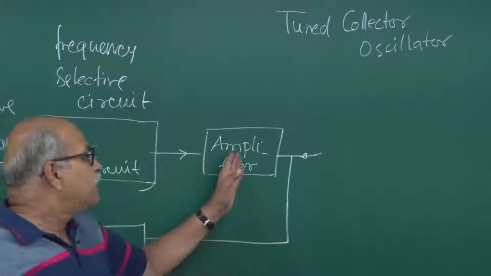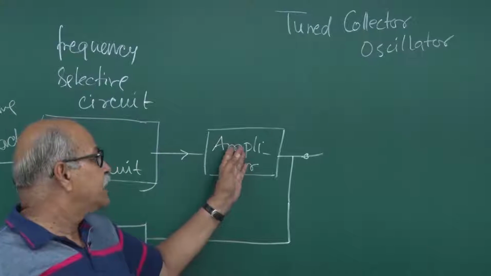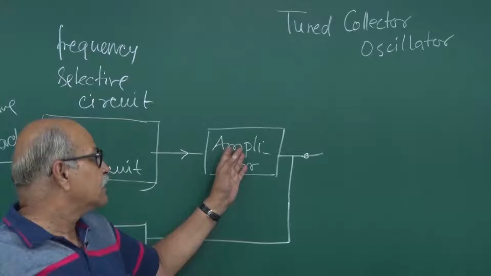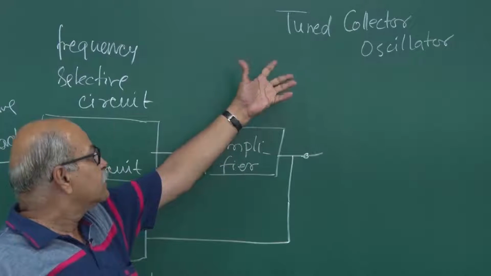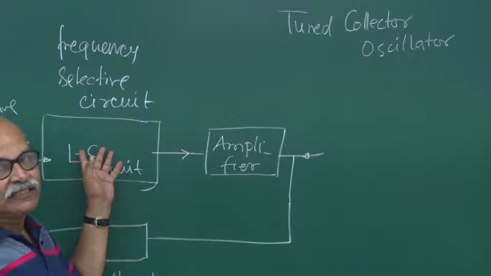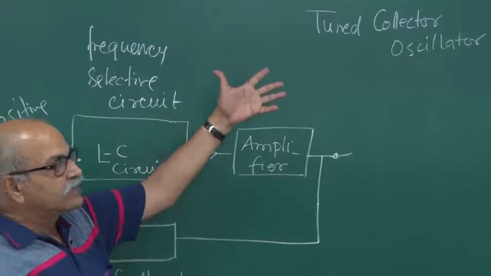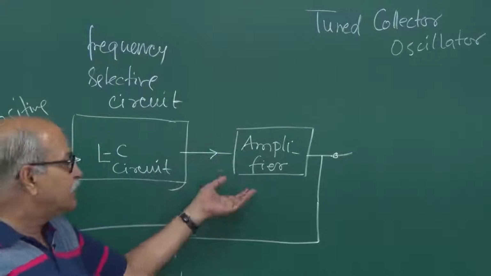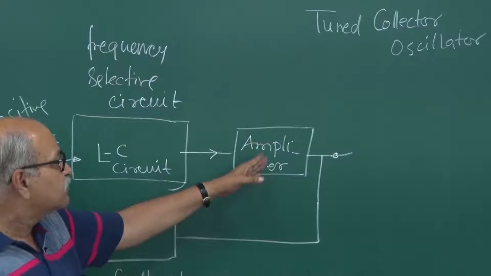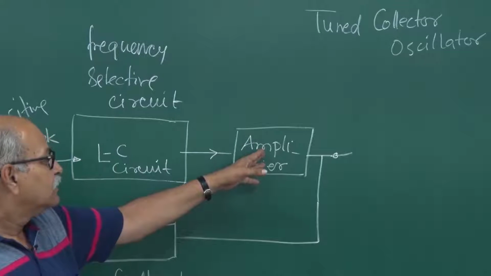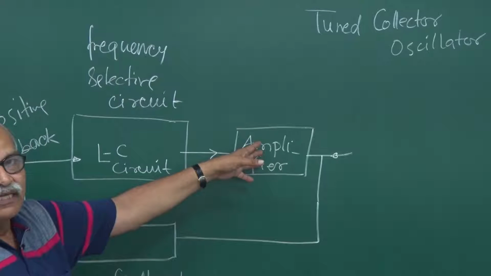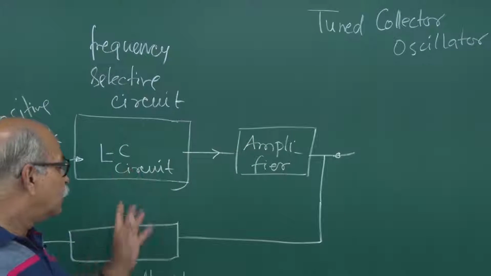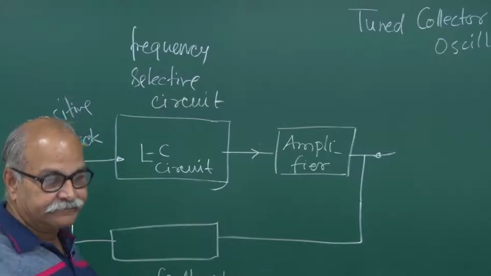In the amplifier you have a base, emitter and collector, and it is the collector which is connected to this tuned circuit, and therefore it is known as tuned collector oscillator. So, let me revise a little bit of this amplifier, how we use a transistor as an amplifier in common emitter mode, and then we will see how to put up these things.